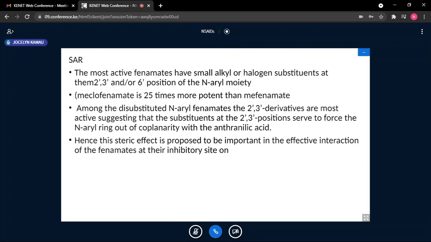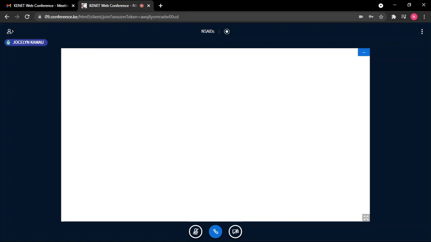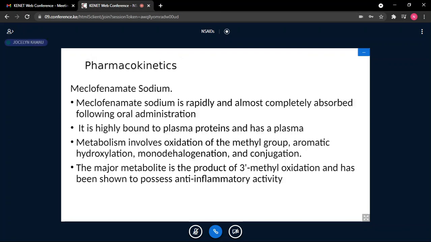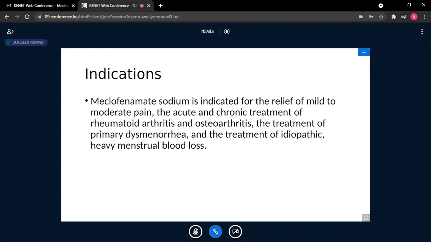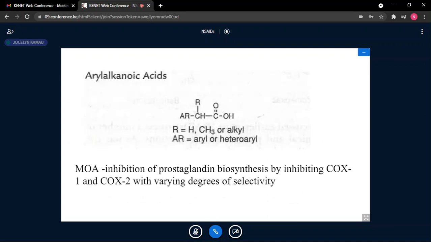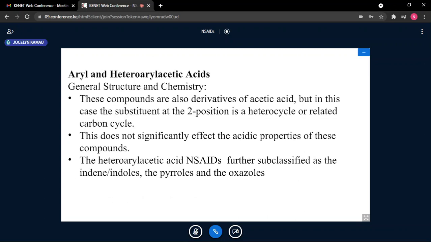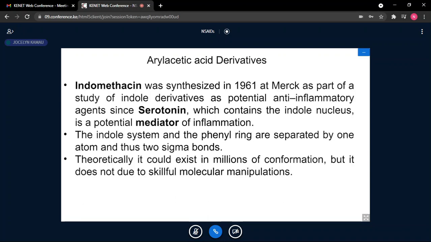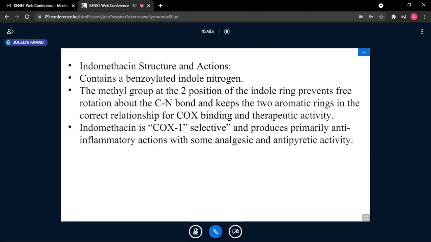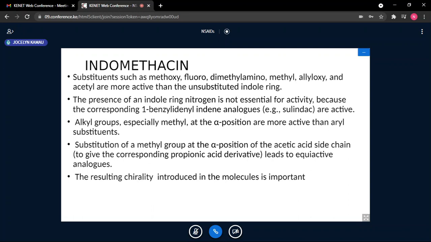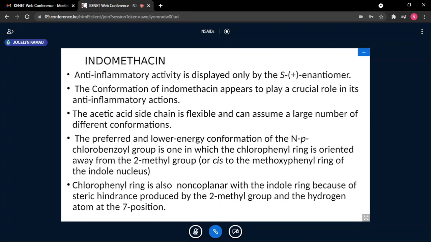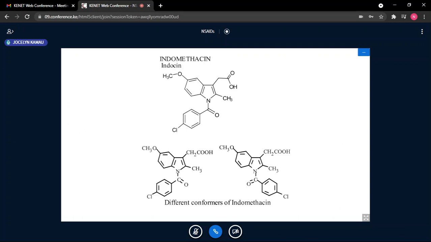Acetic acid derivatives, before you go to the fenamates. Yes, acetic acid derivatives, one of them being indomethacin. So if you look here, this is a structure of an example of an acetic acid derivative.